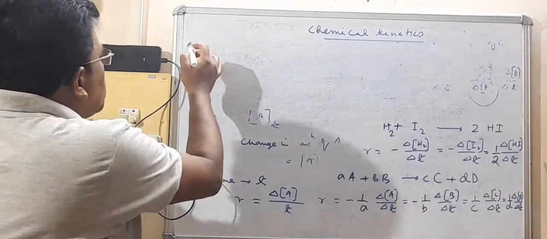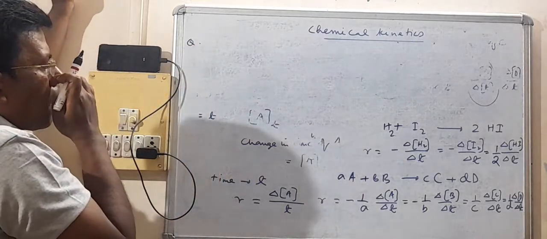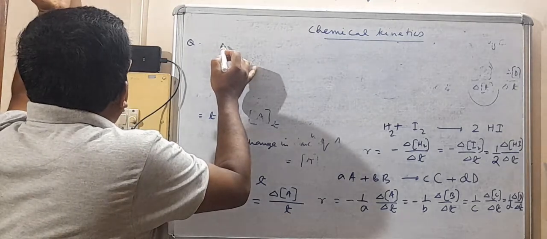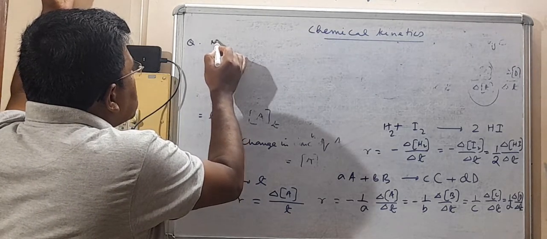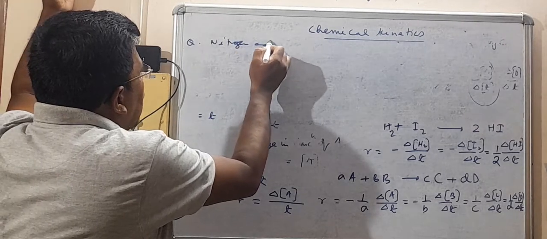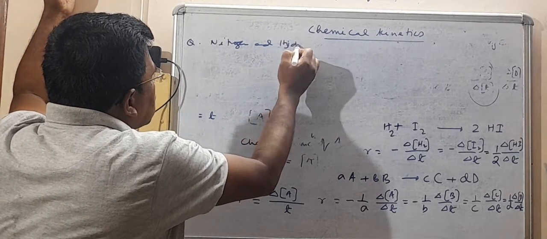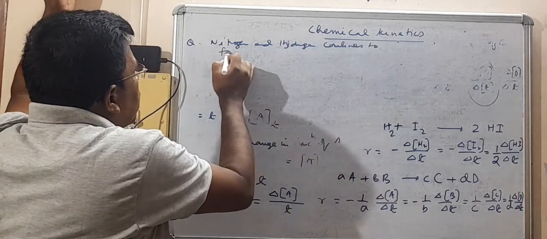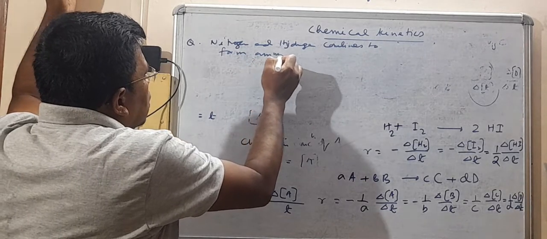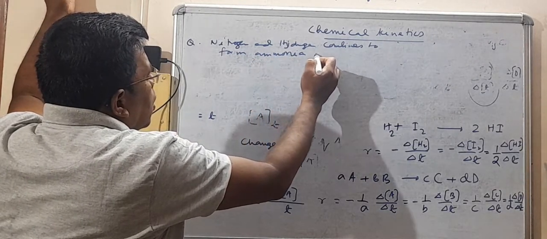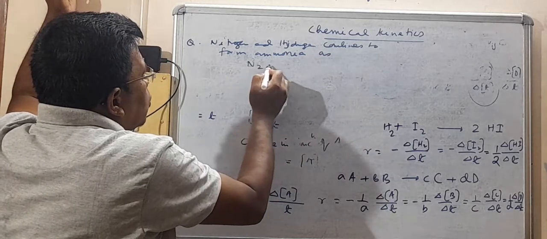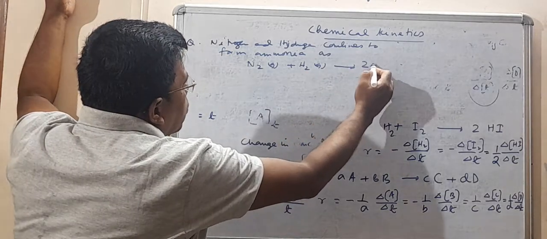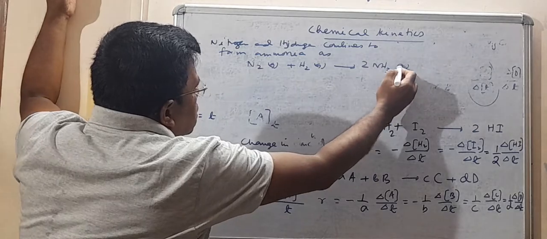So suppose the numerical question is: nitrogen and hydrogen combine to form ammonia as N2 gas plus 3H2 gas arrow 2NH3 gas.